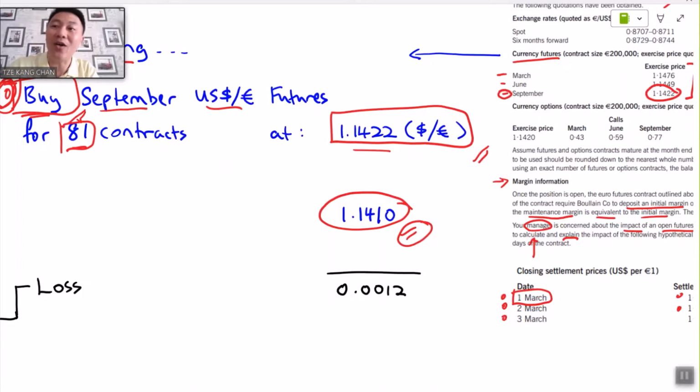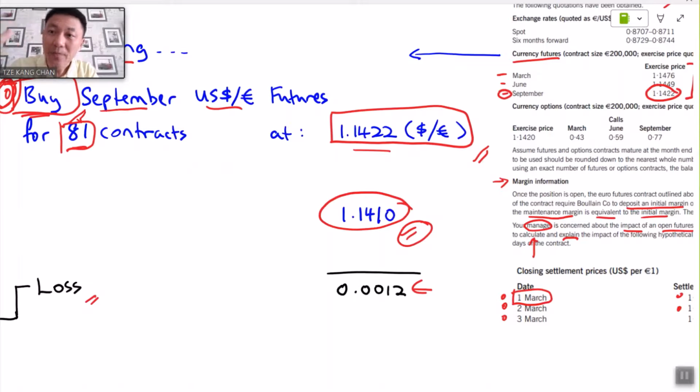Clearly we bought at a higher price, an overpayment of $0.0012 per euro. It therefore represents that we overpaid for it, and that is a loss.